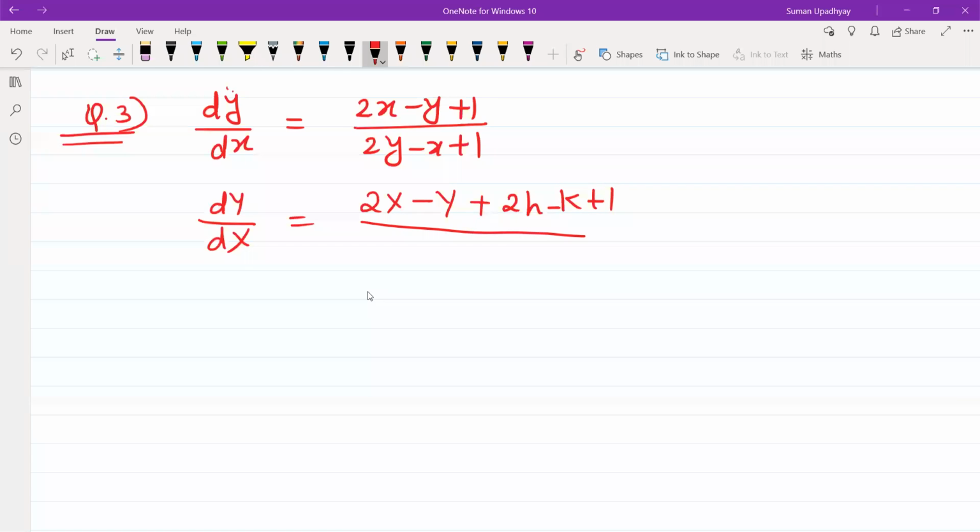And what will come in the denominator? 2y minus x, then 2k minus h plus 1. Shall I write it this way? Minus h plus 2k plus 1. Okay. So did you solve?